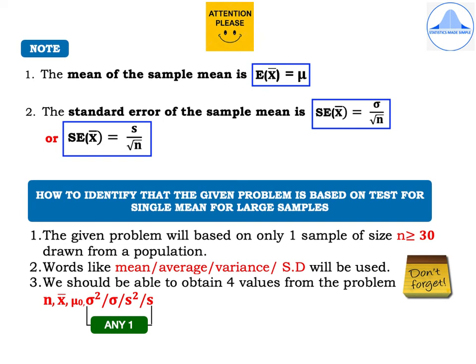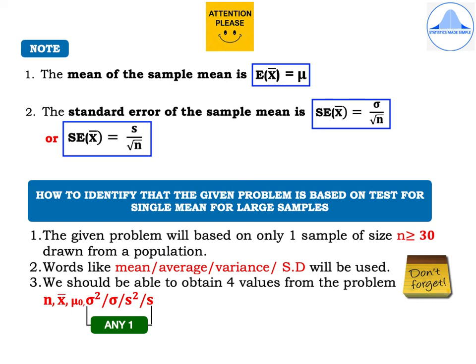Here the first step is to find out the value of n. Check the value of n in the given problem. If n is greater than or equal to 30 and the problem is based on only one sample which is drawn from a population, then it falls in the category of large sample tests.